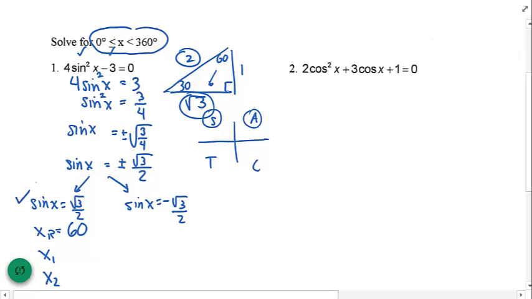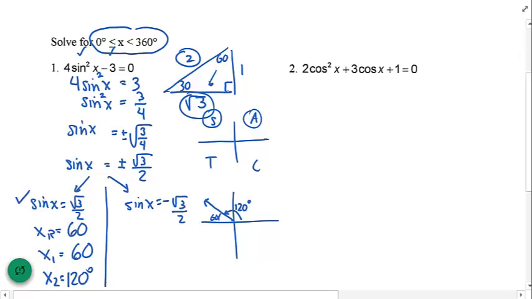So in this case, because sine of x is positive, we're going to consider a quadrant 1 angle for 60, which will just be 60, and a quadrant 2 angle, where for that to be a 60-degree reference angle, this angle from standard position would have to be 120 degrees. So our two answers for the first half are going to be 60 and 120.